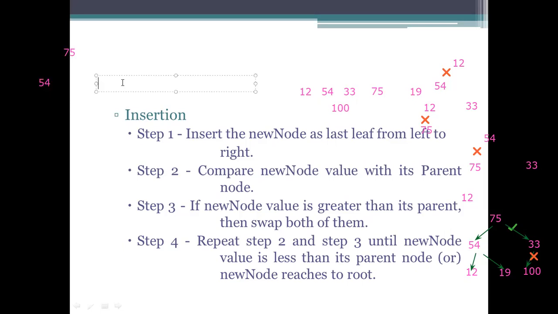And then after swapping 33, the next values here are 12, 19, and here I am getting the value 33. Okay, so let me draw the arrows, then you will clearly understand.